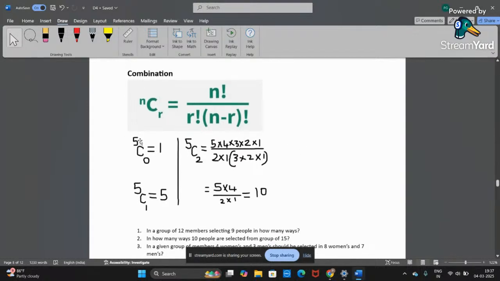Okay. 5C0: when r value is 0, we get the factorial as 1.